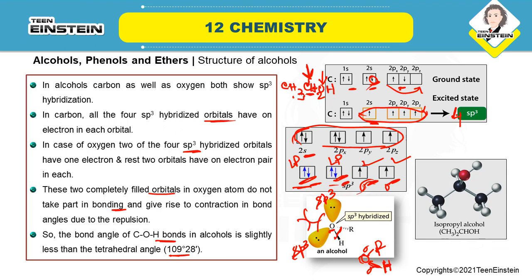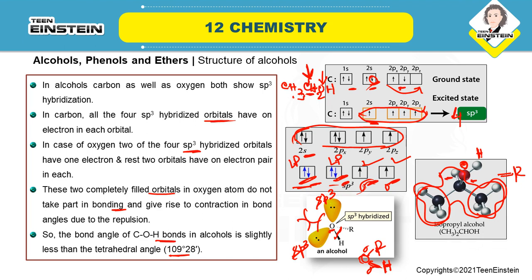So here we have one example of isopropyl alcohol. See, this red atom is the oxygen. So this is oxygen, this is H, and this total part is equal to R. Fine. So this is one methyl group, this is another methyl group, the black atom is carbon and the grey atoms are hydrogen.